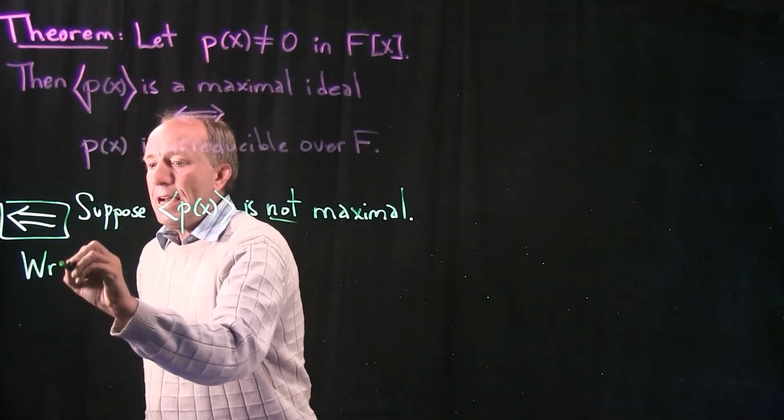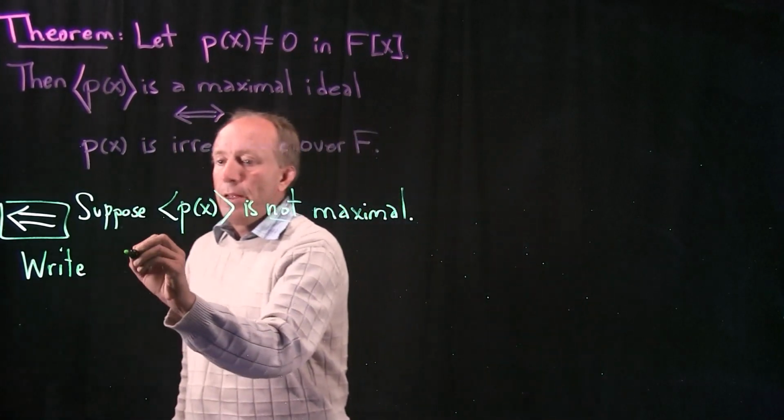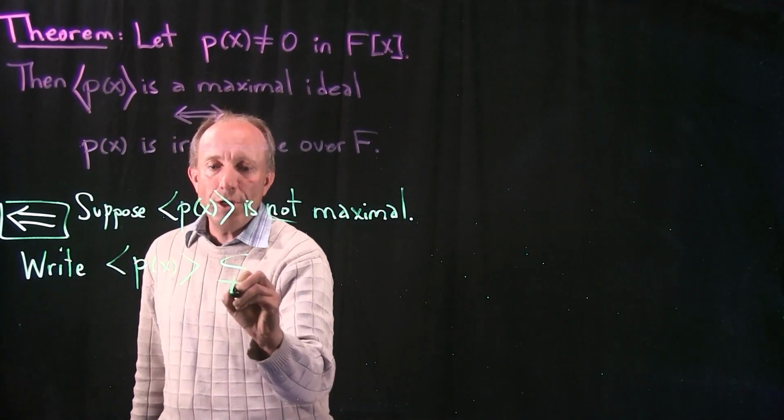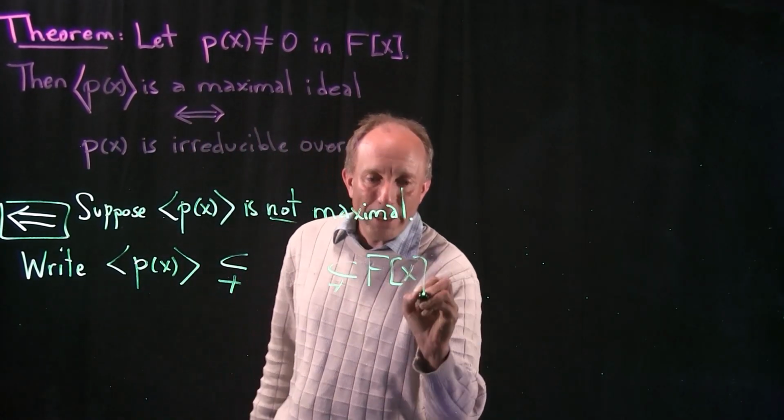So if p of x is not a principally maximal ideal, then I know that there's some other ideal that I can sandwich between it and the whole big F of x.